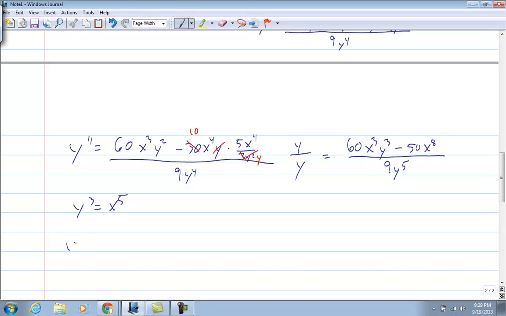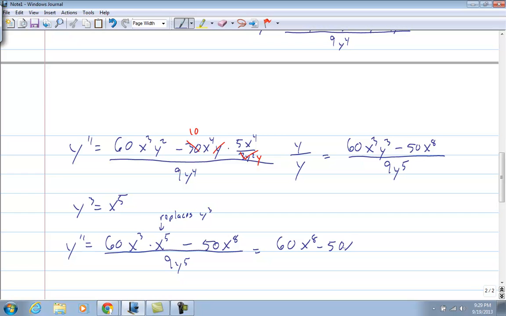So this becomes y double prime equals 60x cubed times x to the fifth, which replaces y cubed, minus 50x to the eighth over 9y to the fifth power. That becomes 60x to the eighth minus 50x to the eighth over 9y to the fifth. And we end up with 10x to the eighth over 9y to the fifth.